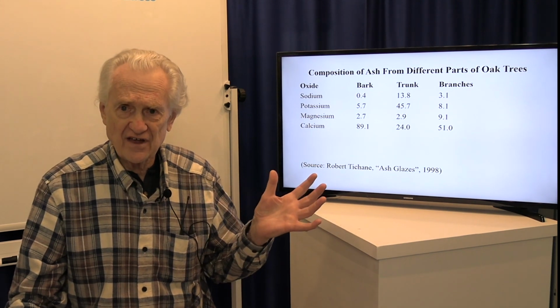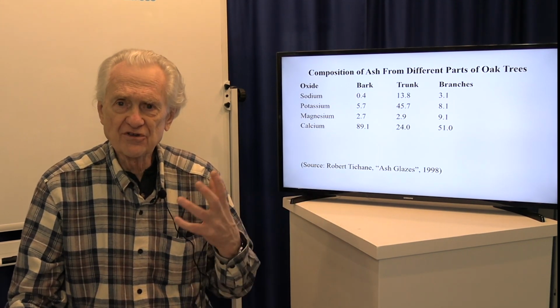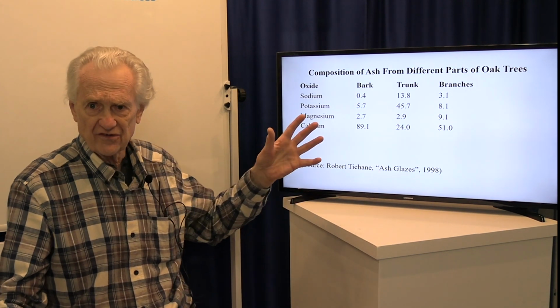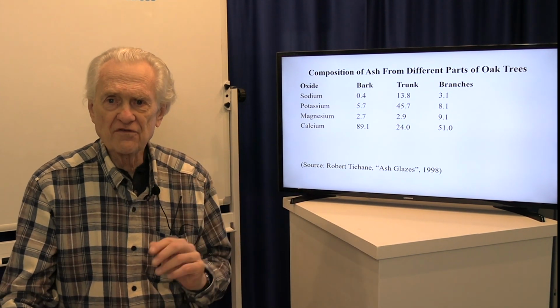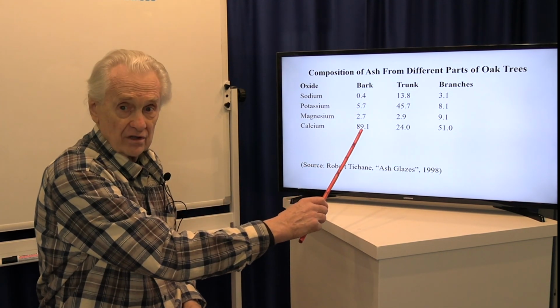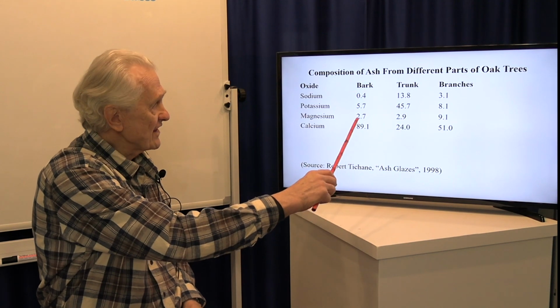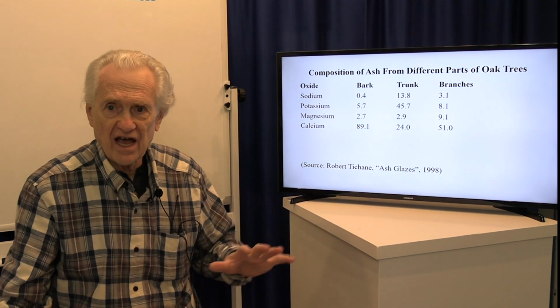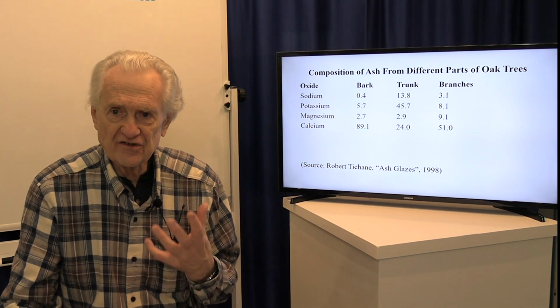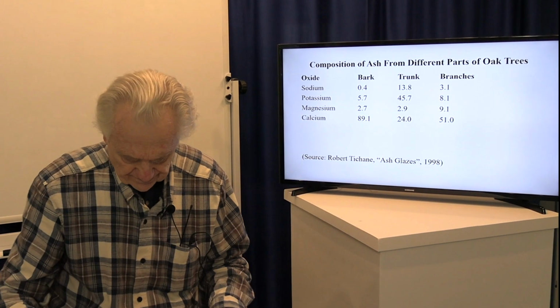You don't necessarily have to have a chemical analysis done, but do all the testing with your ash. You can get some general guidance from this information, to say, okay, we know, for instance, that the bark is a good source of calcium in general from hardwood trees. But other than that, I wouldn't rely on a particular percentage. So it really points to the fact that you need to test with your own ash.